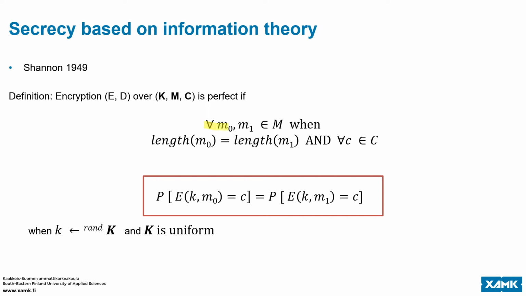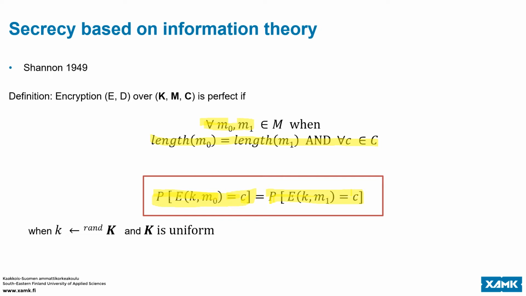For all messages that are of the same length, the probability of a certain ciphertext being the result of the encryption and the probability of any other message encrypted using the same key should be the same.